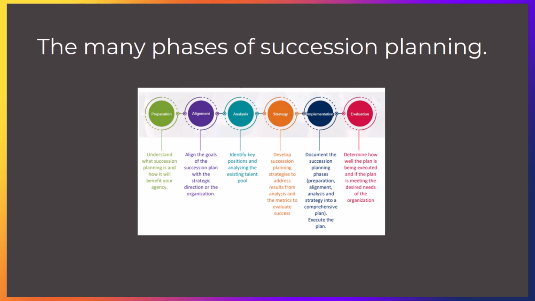In the strategy phase, you're developing succession planning strategies to address results from analysis and the metrics to evaluate success. In the implementation phase, you document the preparation, alignment, analysis, and strategy phases into a comprehensive plan, and then you're executing the plan. In the evaluation phase, you're determining how well the plan is being executed and if the plan is meeting the desired needs of the organization.